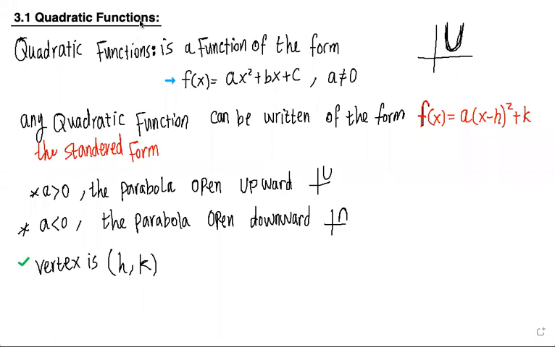And also I talked about the minimum value and maximum value. So I said if a is greater than 0, the parabola opens upward, and then the function f of x has a minimum value. And here if a is less than 0, the parabola opens downward, so the function f of x has a maximum value.